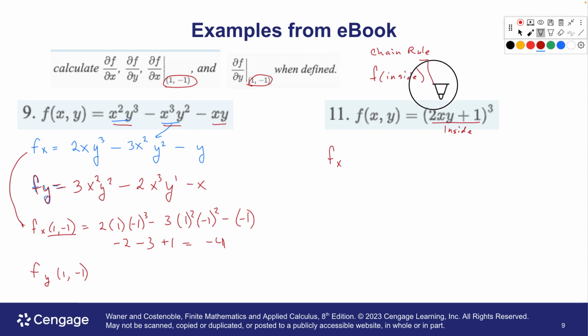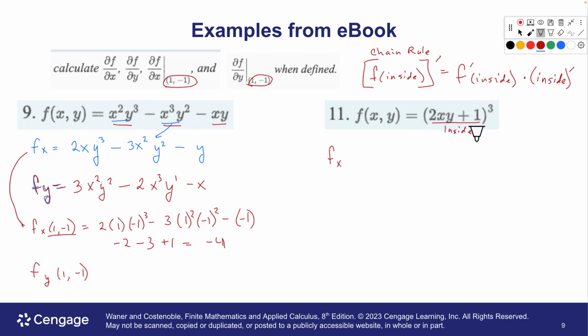When we take this derivative, we get the derivative of the outside function, the inside unchanged, multiplied times the derivative of the inside function. Okay, so how does that work?